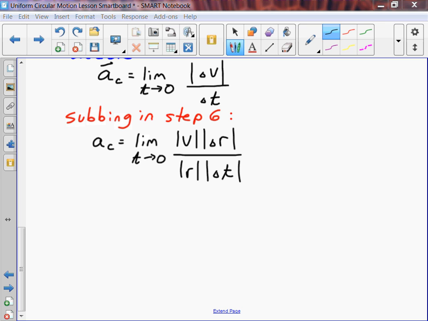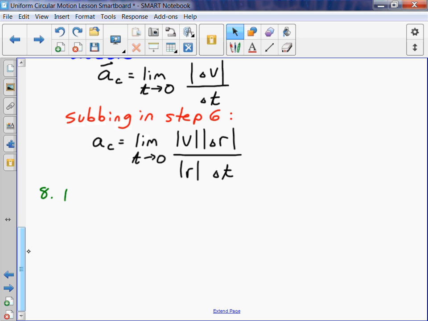That's right, the delta t does not need to be in boxes. The bars mean magnitude of the vector. Okay, so we're on step 8. This is the longest proof we do all year. Promise.